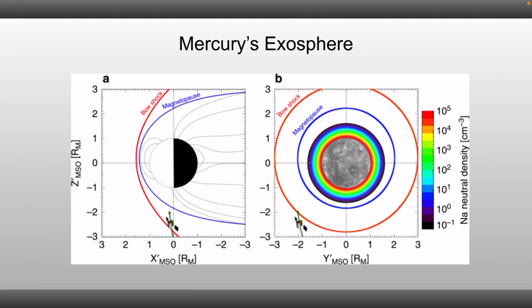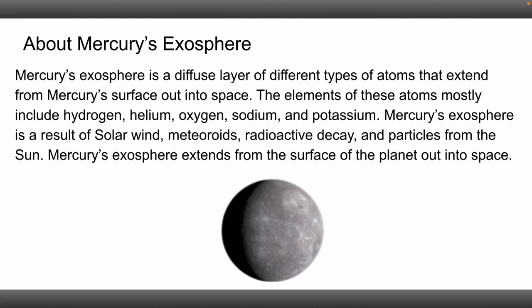And now, since Mercury does not have an atmosphere, it has an exosphere instead. But I then found out that all planets have something like an exosphere. Mercury's exosphere is a diffuse layer of different types of atoms that extend from Mercury's surface out into space.